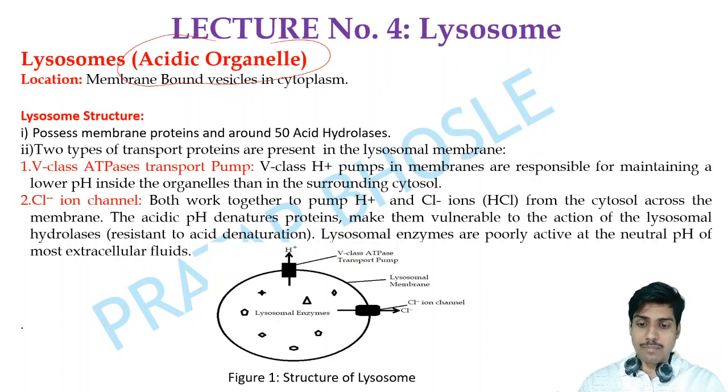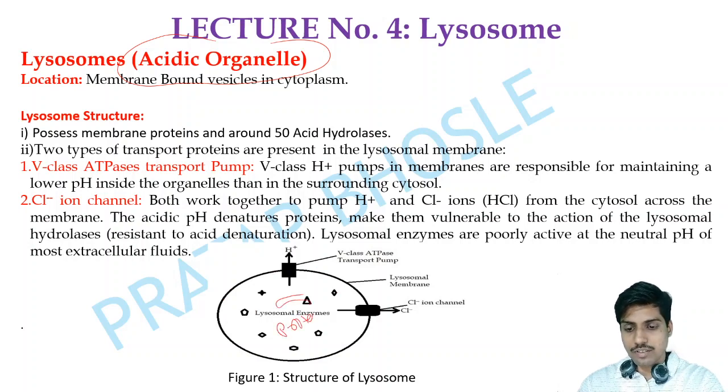So this is the basic structure of the lysosome. It is a single membrane structure. It has all the enzymes and proteins inside it, and on the membrane there is a V class proton ATPase transport pump, and another one is the chloride ion channel.